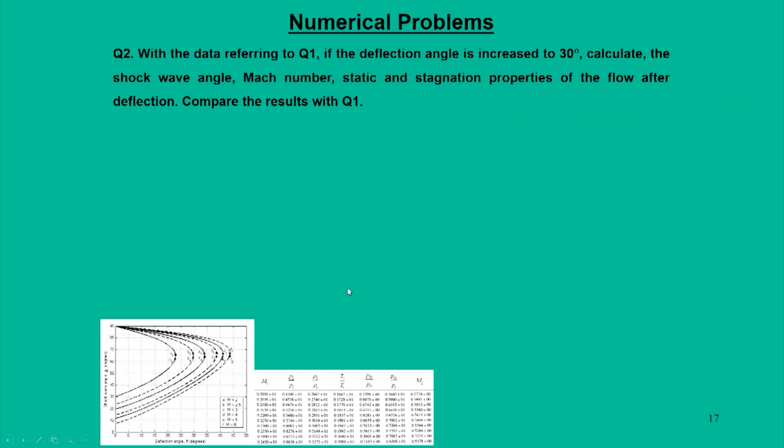Now, with the same data, if the flow deflection angle is increased to 30 degree, then we have to solve question 1 for shock wave angle, Mach number, static and stagnation properties, and compare the results with question 1. So, here we carry forward this data, that is M1 is equal to 3.